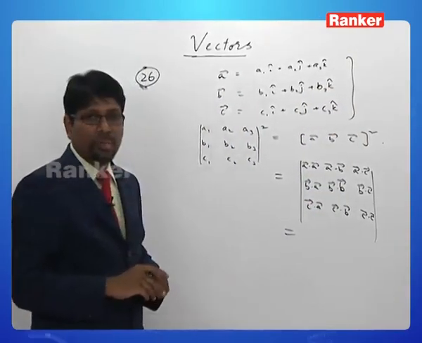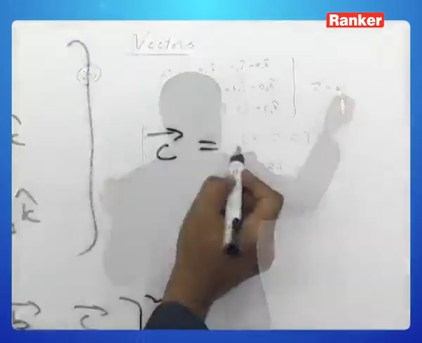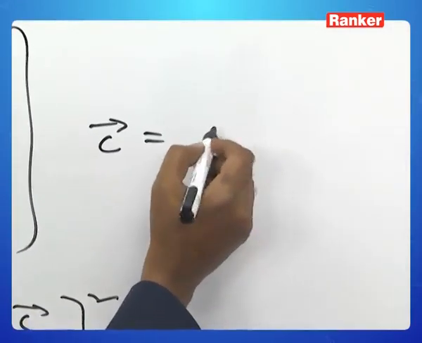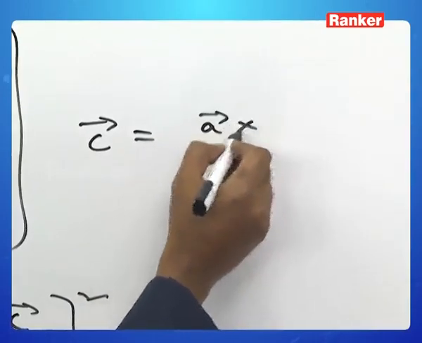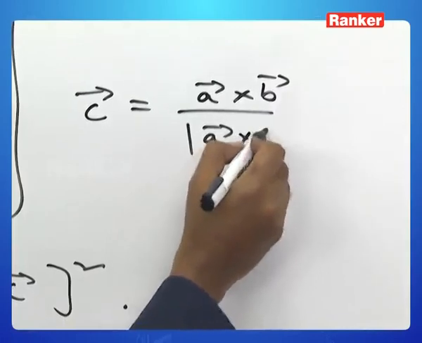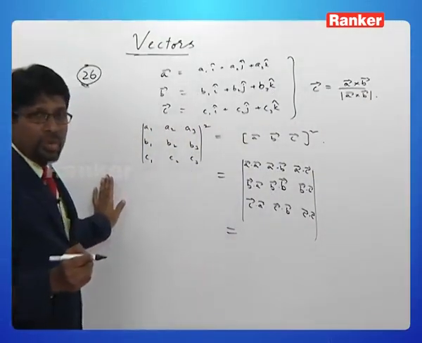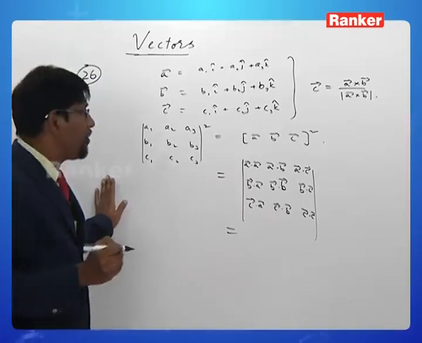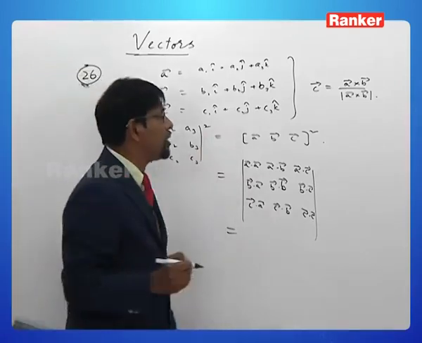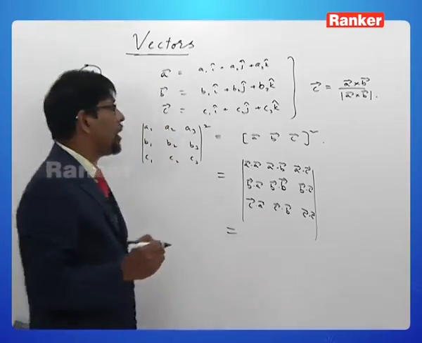He says that C bar is a vector which is perpendicular to both A and B. So what is that? C bar is nothing but A cross B divided by magnitude of A cross B. So C bar is a unit vector orthogonal to the plane of A and B. Therefore, I can say that C bar is nothing but A cross B divided by magnitude of A cross B.